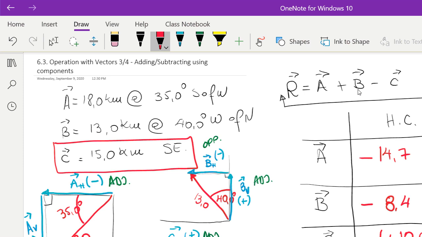Now, in order to find the horizontal and the vertical component of the resultant, what we will do is we will add those components. So in your calculator, negative 14.7 minus 8.4 minus, because positive negative gives you negative 10.6, is equal to negative 33.7.